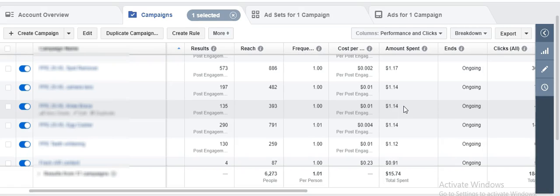But if not, then you will probably have to see where the problem is, because it could be with the ad itself. But if the ad is providing traffic but it's not converting, then you've got to see where the traffic is stopping. Is the traffic stuck at your bridge?